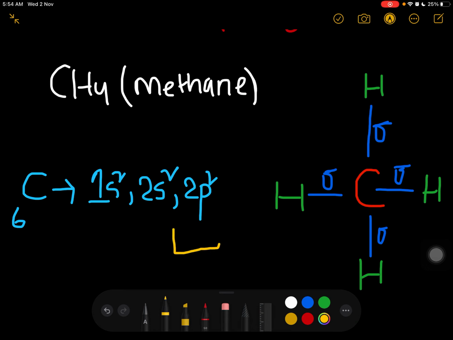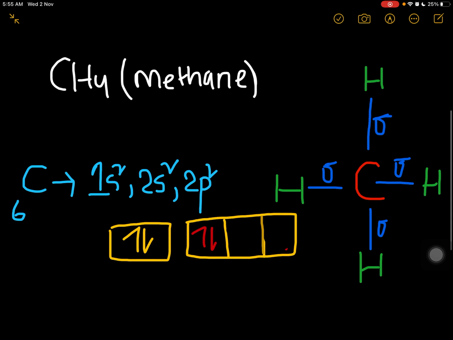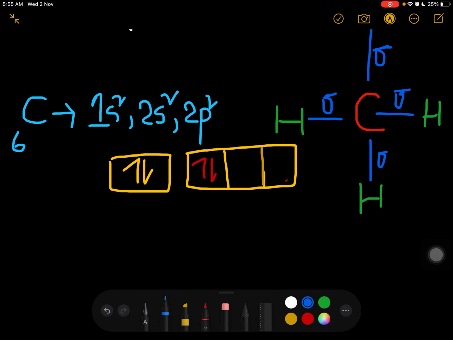Here, one electron is up, clockwise, and the other anti-clockwise. You can see over here that the 2s is already filled, and the 2p is filled according to Hund's rule.